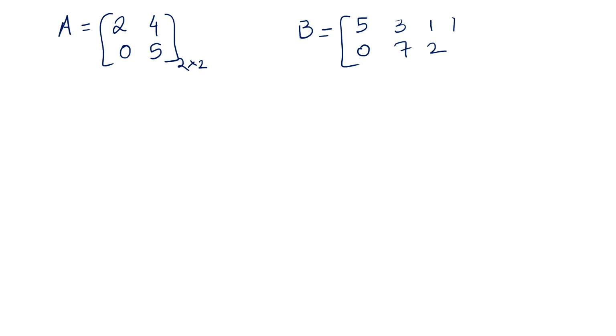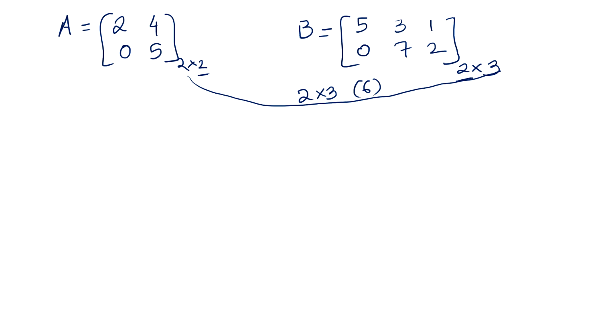Now this is 2 rows, 3 columns, so a 2 by 3 matrix. As you can check, the number of columns of the first matrix matches the number of rows of the second matrix. Therefore, the resultant matrix is going to be a 2 by 3 matrix. So we're looking at 6 elements in that matrix.